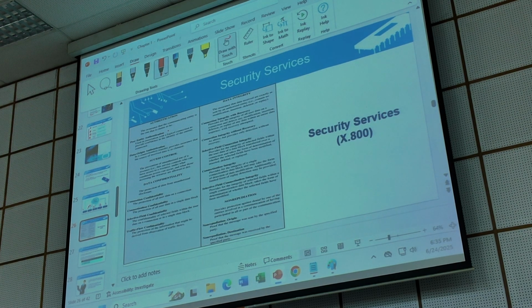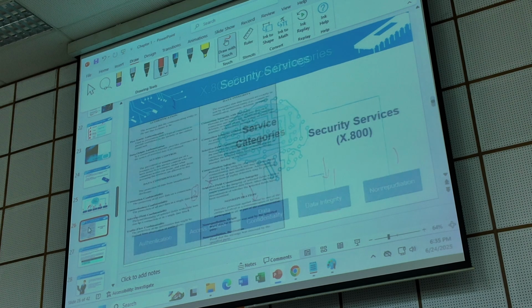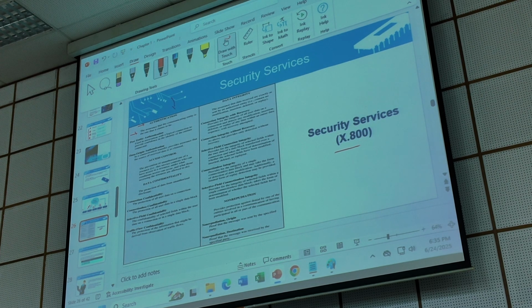Here I'm not going to explain authentication, access control, data confidentiality. All is listed in this standard, the term used and also the definition. It seems like what I explained just now. What is authentication? I saw that. I'm not going to read it out.